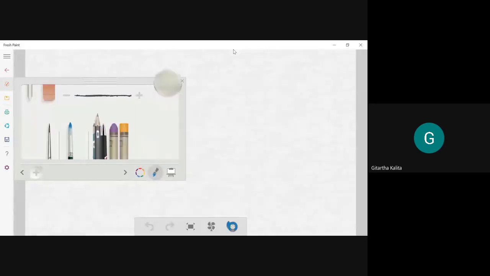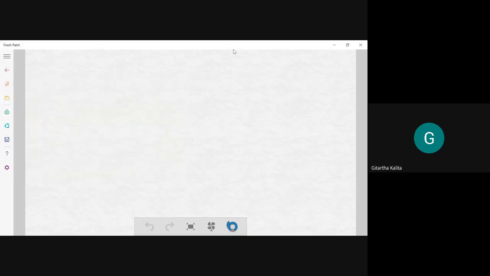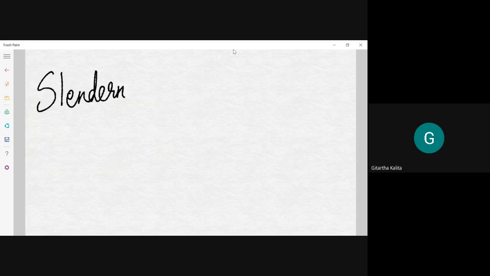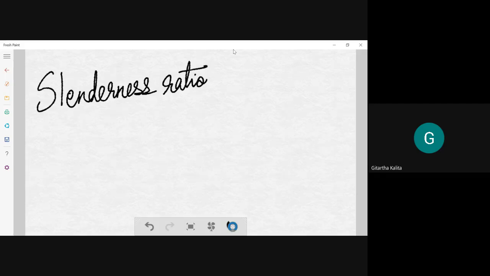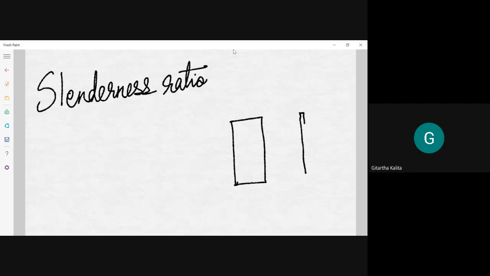Next is the slenderness ratio. Slenderness ratio is actually determining how slender the column is. Slender means weak actually. If we compare two columns, one column is like this and another column is like this, just by looking we can see that this column is slender, this column is weak.